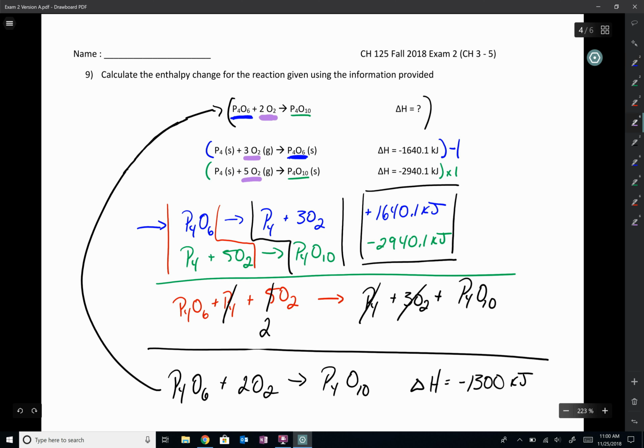It's not easy to tell which one I need to flip or swap or whatever it is. If I find something in 2 different places, I come back to it at the end. In green then, I found P4O10. It's on the right side of the arrow, so I just brought it down directly. I added everything up, I canceled, and then I took care of my delta H's.